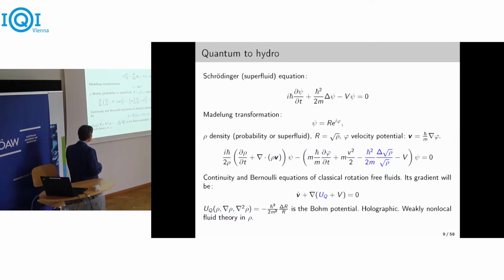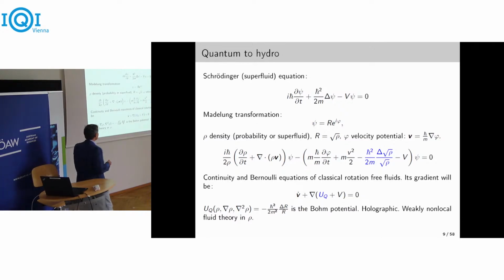And if U_Q is the Bohm potential, then we get Bohmian mechanics. That is maybe the simplest way to get it. And Bohmian mechanics is also holographic, so this gradient can be expressed with the help of a particular pressure tensor.